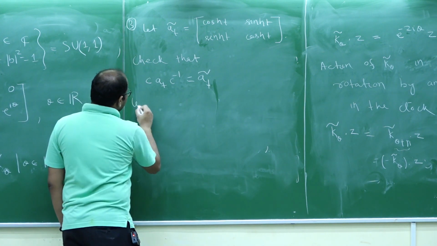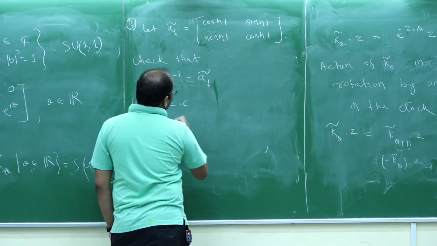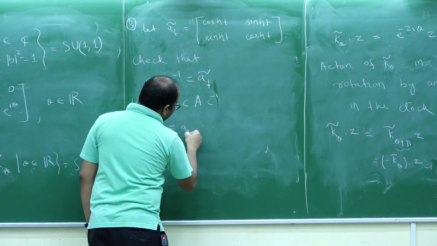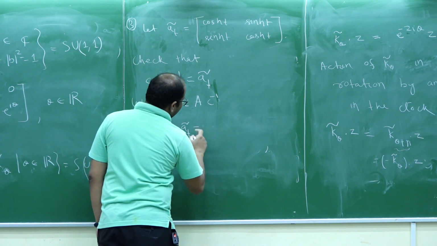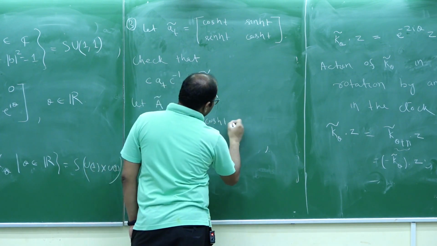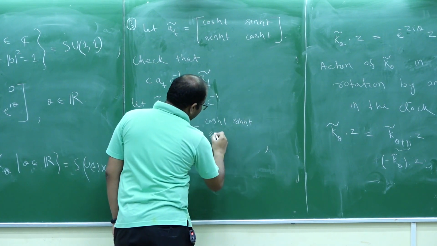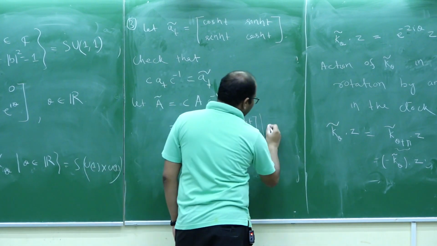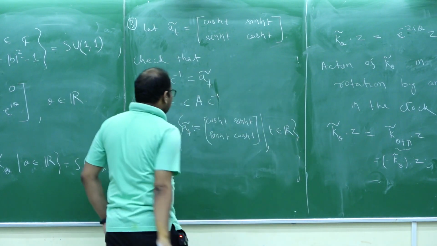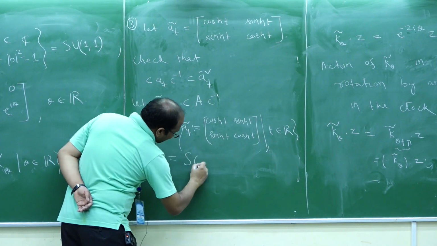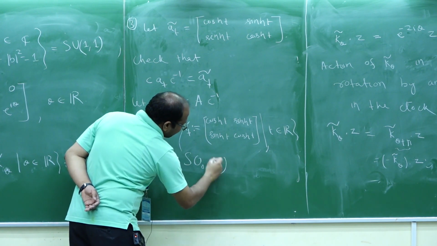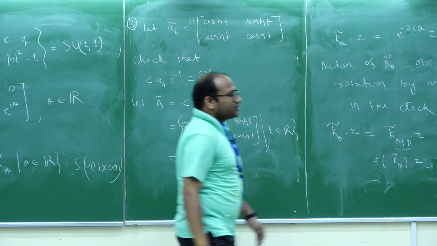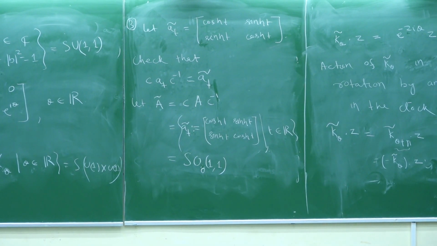So let A tilde be the collection of all matrices A t tilde, which are of this form, cosh(t), sinh(t), sinh(t), cosh(t), so that t belongs to R. And this group I will also name, this is SO naught(1,1). So just remember that this is SO naught(1,1). This is clear.